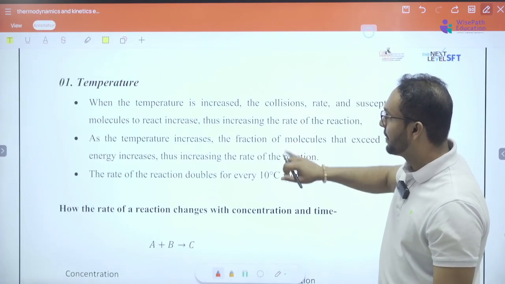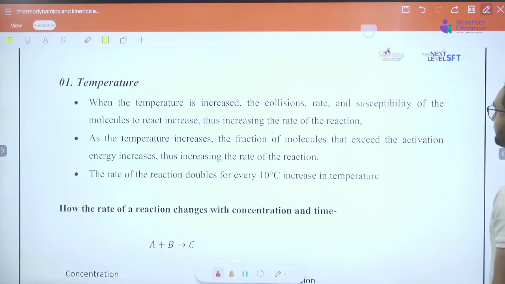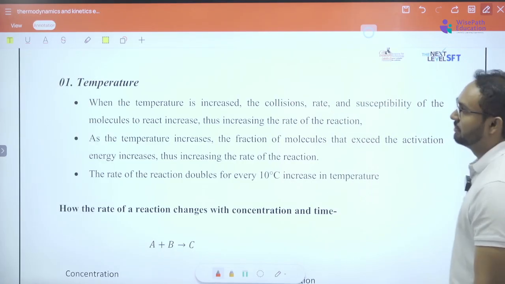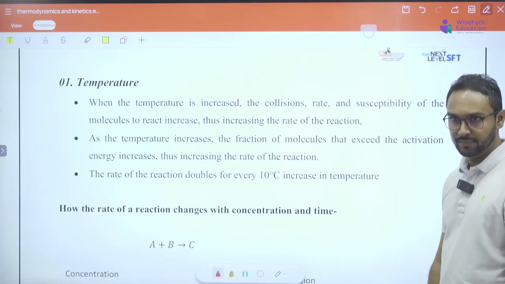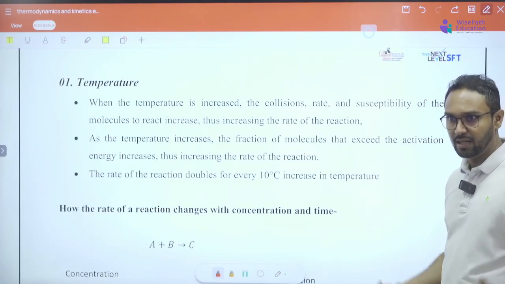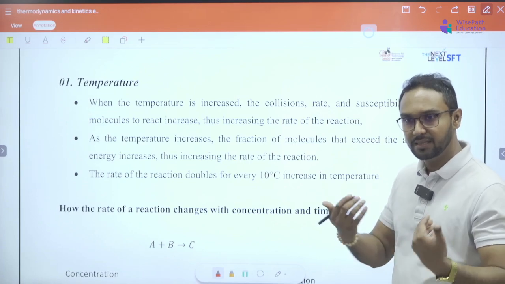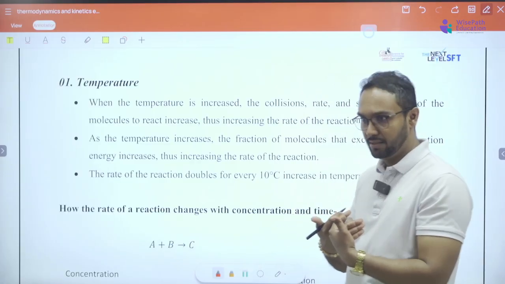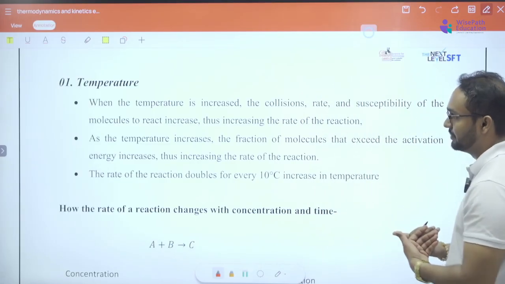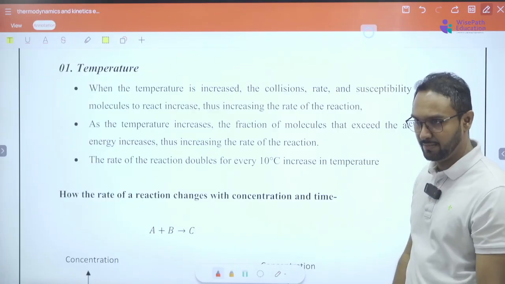When the temperature is increased, the collision rate and the susceptibility of the molecules to react increase. Susceptibility means the chance of colliding is increased, thus increasing the rate of reaction.